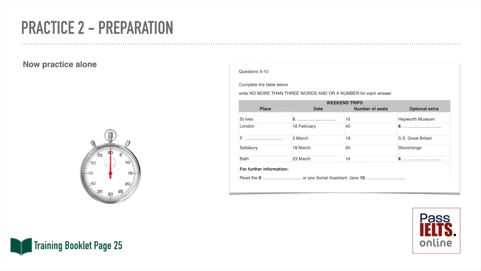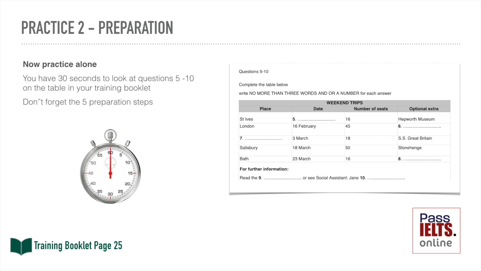Now you have a chance to practice alone, and after we'll go through the answers together. So go to lesson 9, practice 2 in your training booklet. You now have 30 seconds to look at questions 5 to 10 in your training booklet. Don't forget to follow the 5 preparation steps.